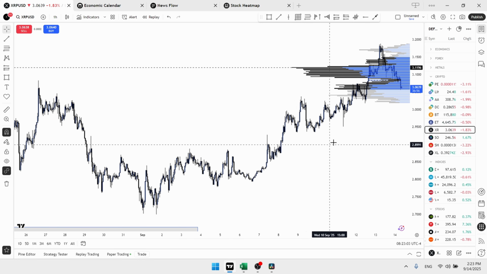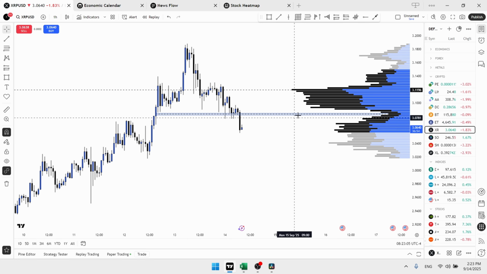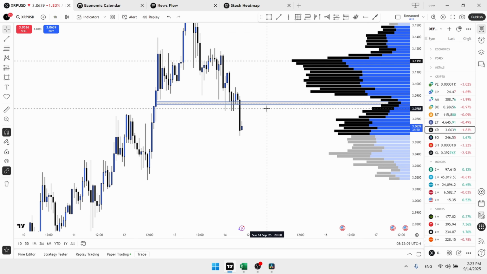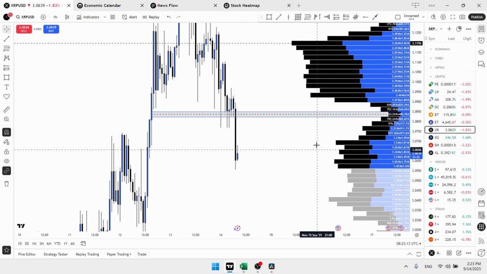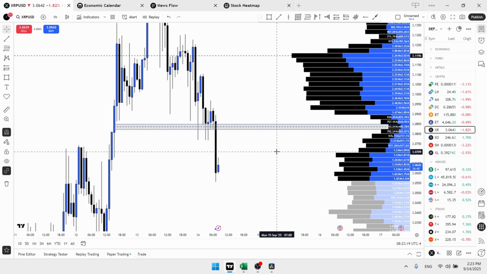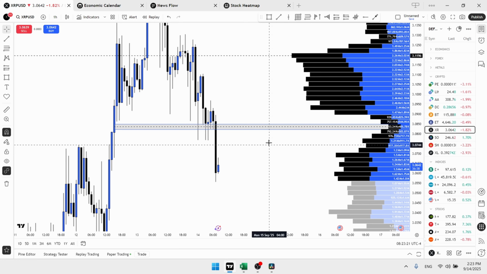So for example, we have XRP here that I invested in, and you can see, let me just hide this for you, the position. For example, let's go to today here. Let's take a look at today's price action.